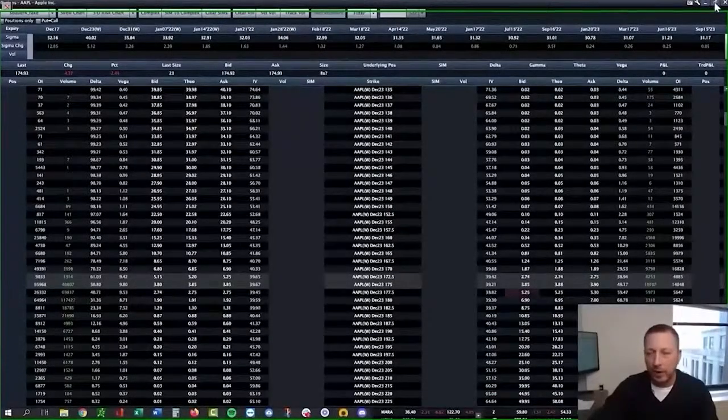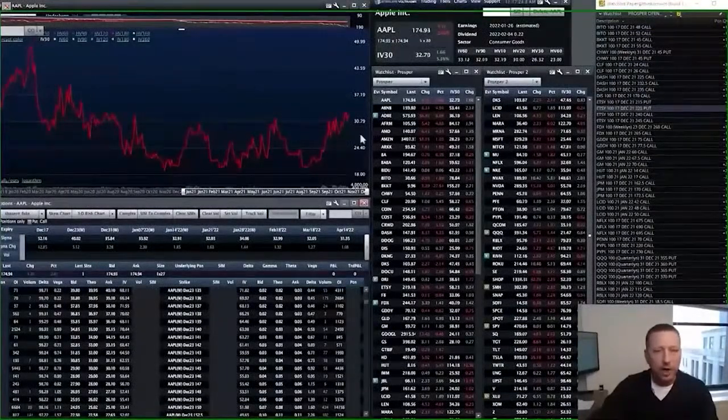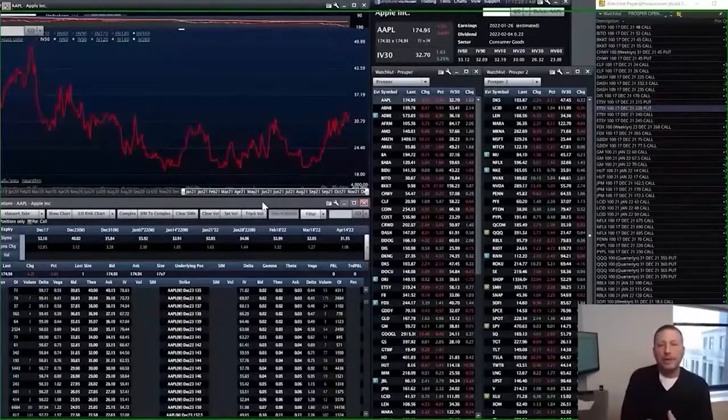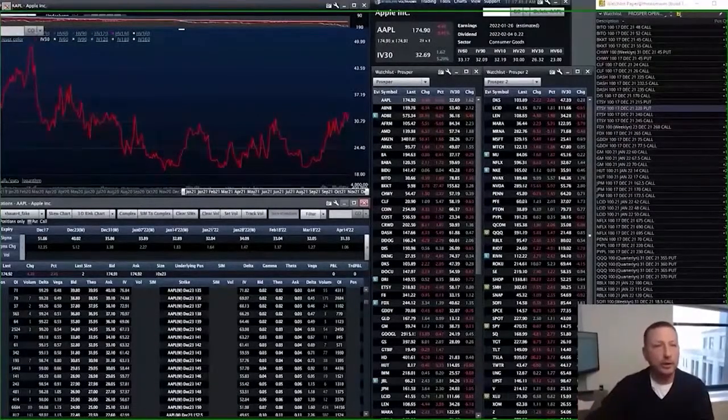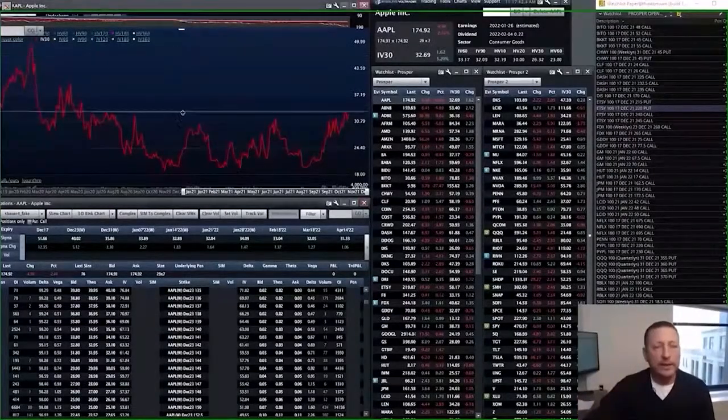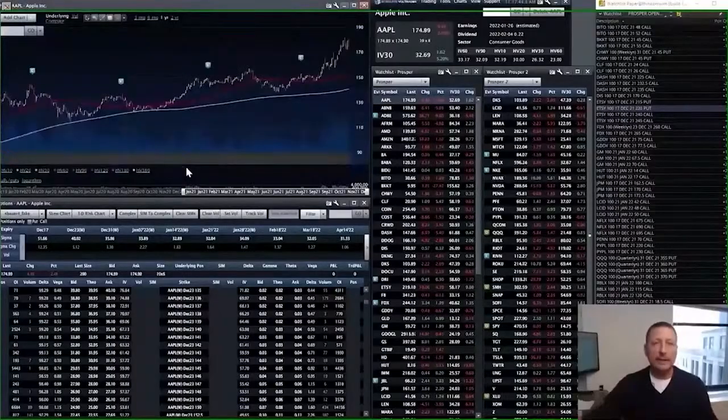Hopefully everybody understands that here, and I want to go through one more example. Let's go back to our chart here in Apple. Now, when we're deciding to trade from a volatility perspective, we still need to do our analysis. We still need to do our diligence on direction, right? We still need to see, are we bullish? Are we bearish? Or even are we neutral?